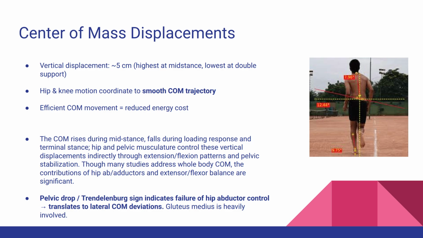Even though it does not directly move the center of mass, sagittal plane hip extension allows smooth forward progression, while frontal plane hip abductor control prevents excessive lateral center of mass shift.